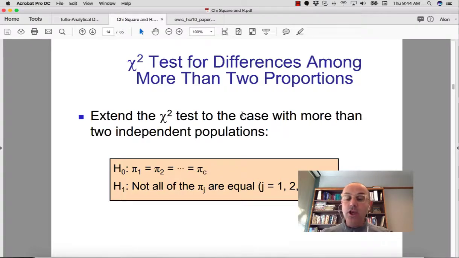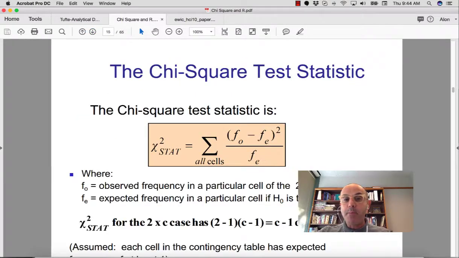For the x square test for the difference among more than two proportions, we can expand to more than two independent populations, and we will not assume they are equal in that case, because we have multiple independent populations.